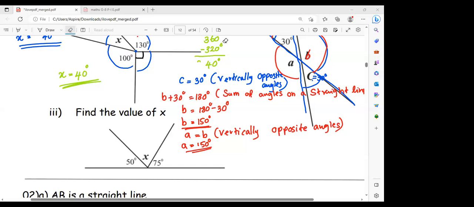Then, yes, Akita, can you tell me what is the relationship that we use to find the answer for the third one?